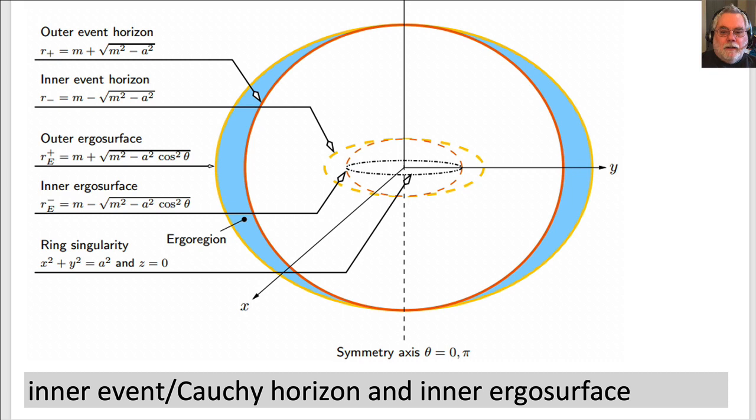Within the outer event horizon, which is here, not touching it, the dashed yellow line ellipsoid is the inner event horizon or inner Cauchy horizon, which surrounds the singularity ring but does not touch it.